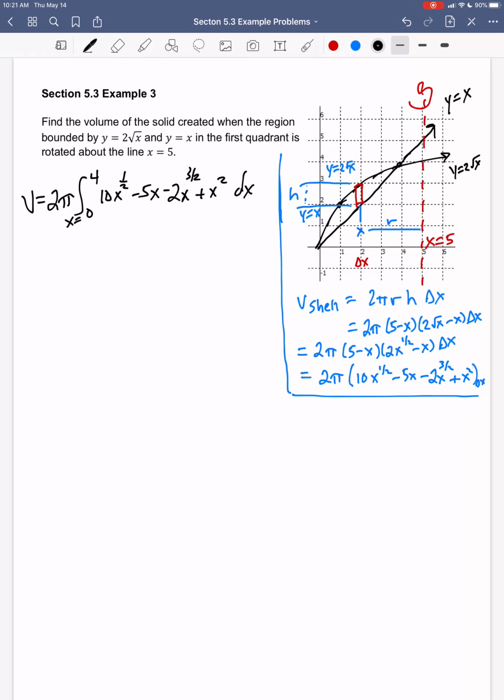So I'm going to have to take the antiderivative. For 1/2 plus 1, we have to take this exponent and go up by 1. 1/2 plus 2/2 would be 3/2. So I'm going to get 10x to the 3/2, but then I have to divide by that new exponent. 5x to the second, divide by the new exponent. Let's see, 3/2 plus 2/2 would give me 5/2. And I have to divide by that new exponent.